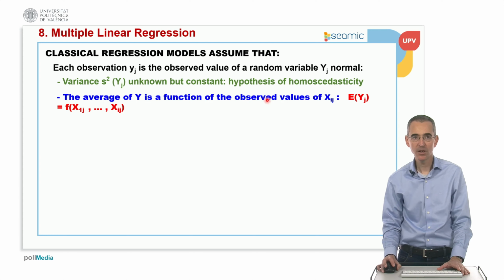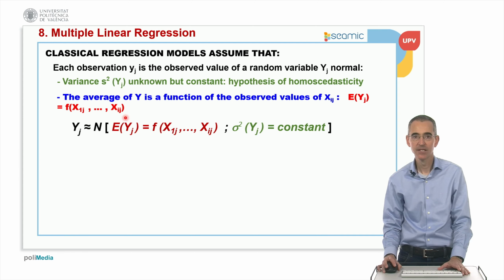We also assume that the average of the y is a function of the observed values of the explicative variables. We will write that the expectation of the y is a function of the explicative variables. So the average value is a function.